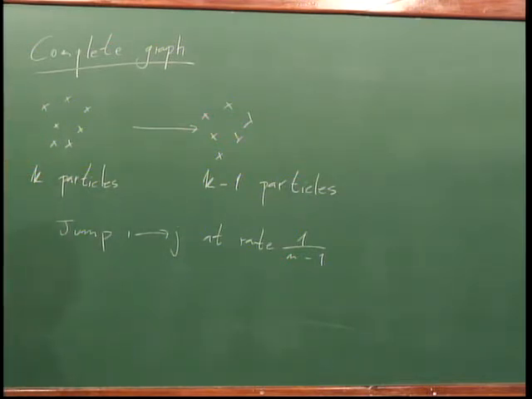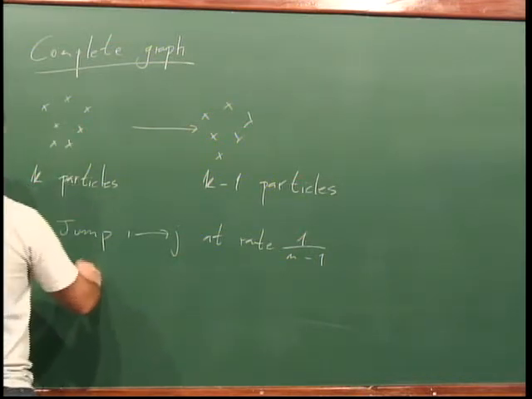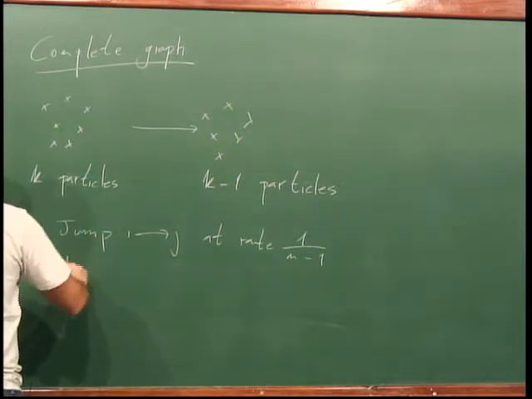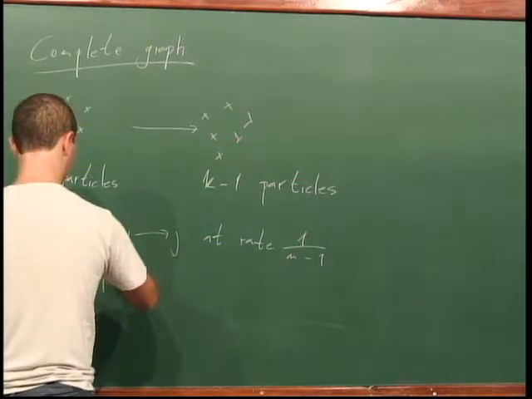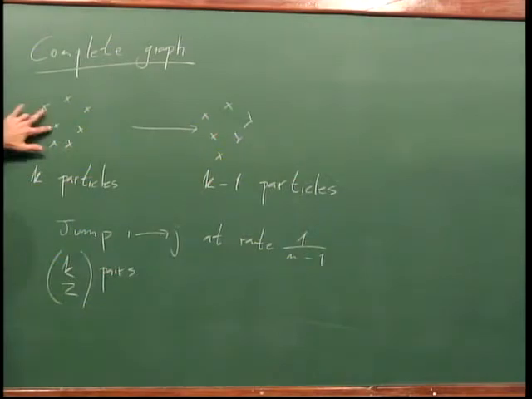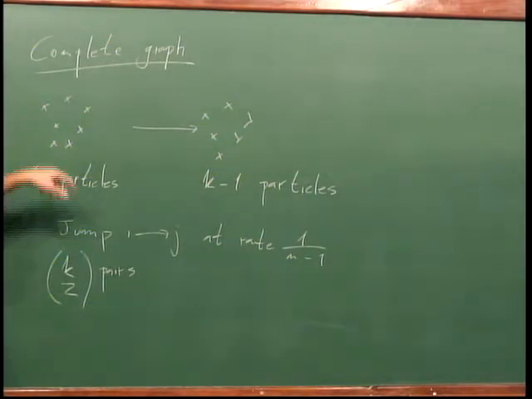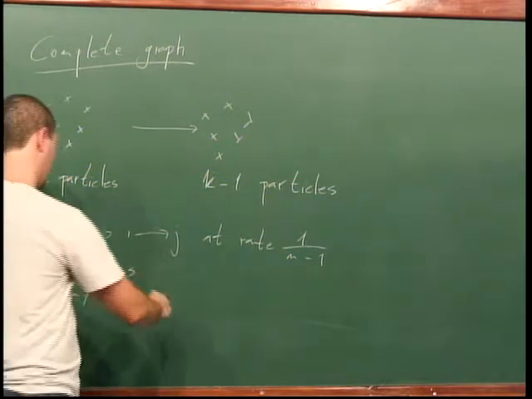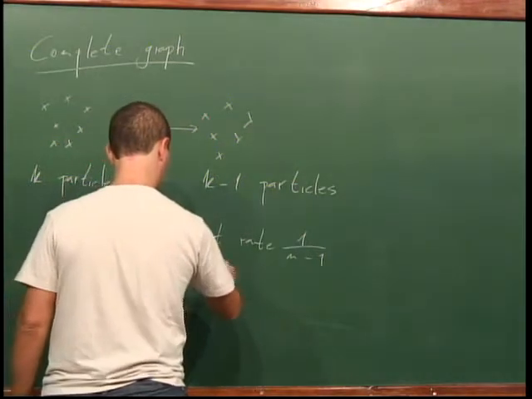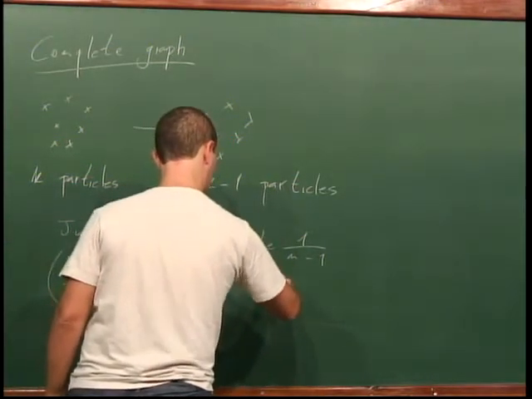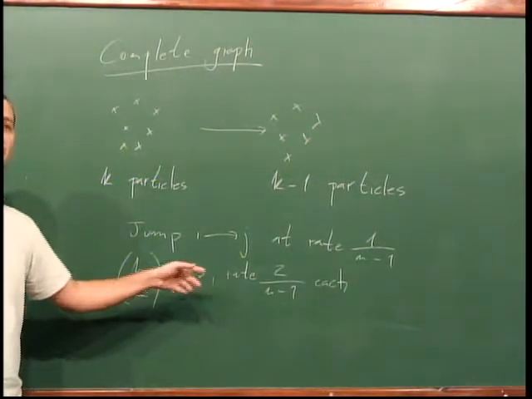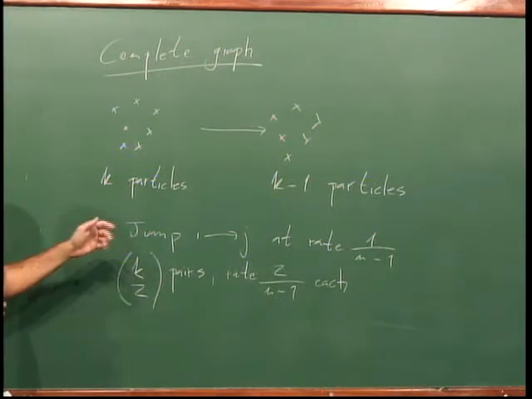And here's what it looks like. You have k choose 2 pairs of particles, and for each pair, you're going to see a coalescence at rate twice this, because a guy A might jump to B, or B might jump to A. And you're waiting for an event that's going to happen at this rate, or k choose 2 independent events that are going to happen at this rate.